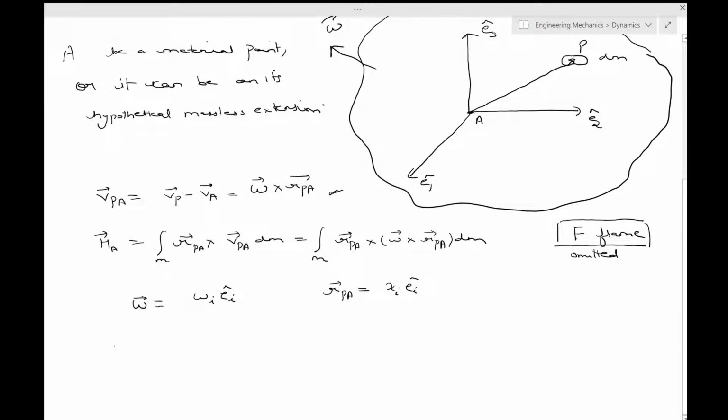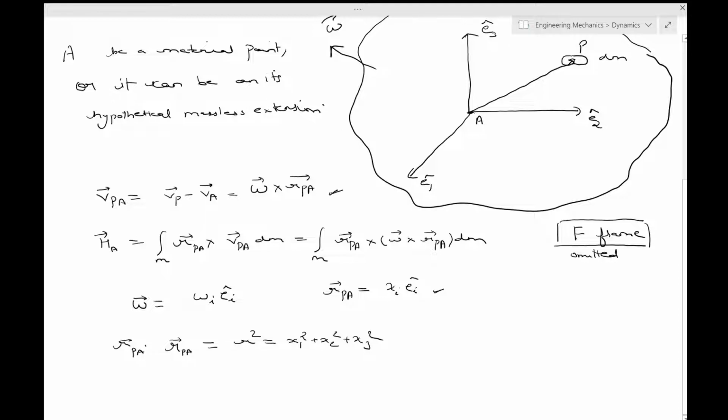Now we want to write RPA dot RPA, which is equal to R squared, which is x1 squared plus x2 squared plus x3 squared. Just take a dot product with this one.